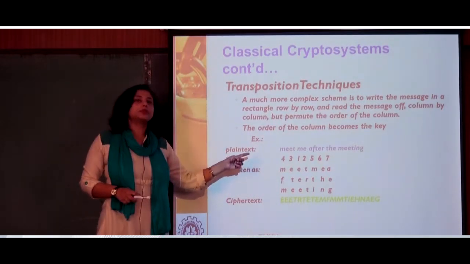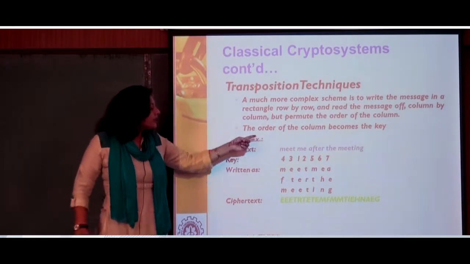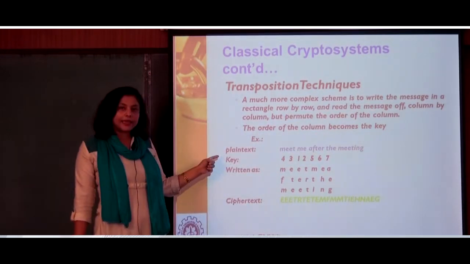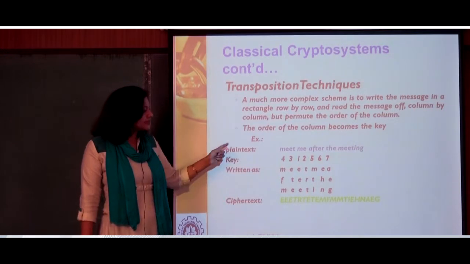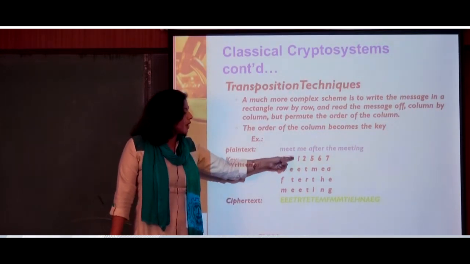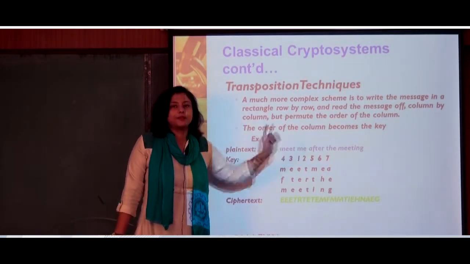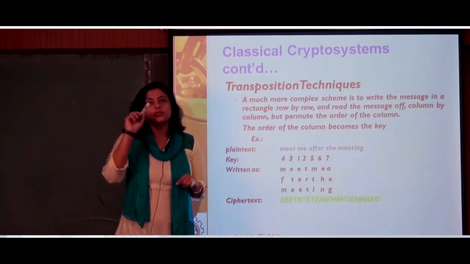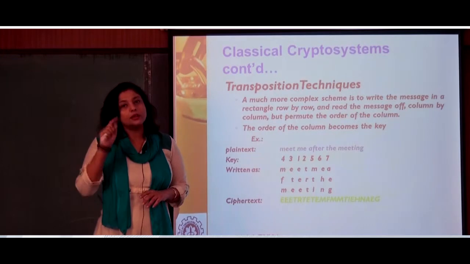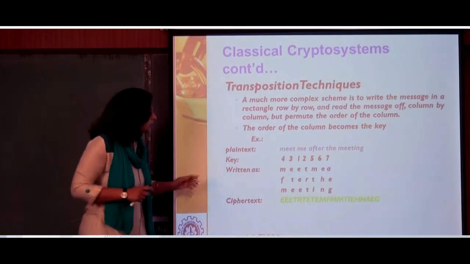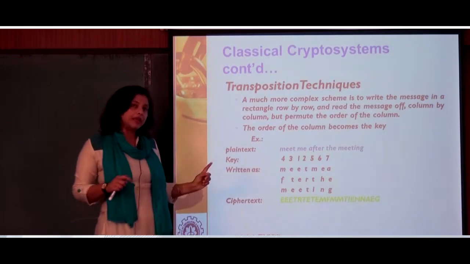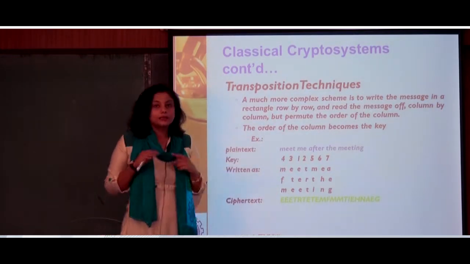Here again we are using the same plain text, meet me after the meeting, and the key given over here is 4 3 1 2 5 6 7. That means you have to form a rectangle consisting of 7 columns. Since there are 21 letters, there will be 3 rows.